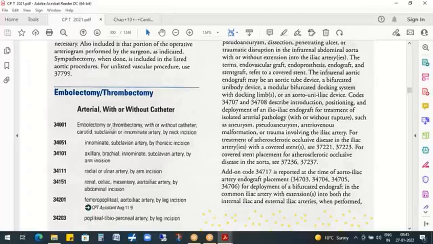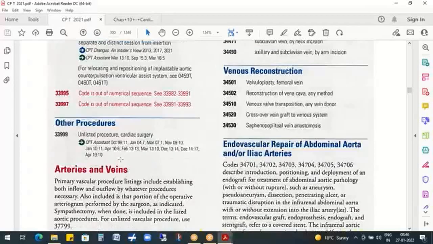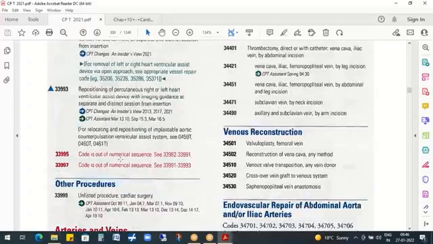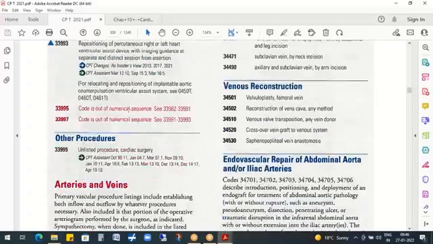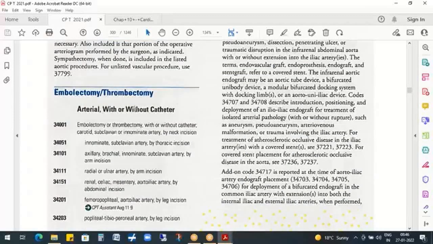What is the code series? 34001 to 34490. What are the 2 points we need to look for? Artery or vein. Second point is type of incision.